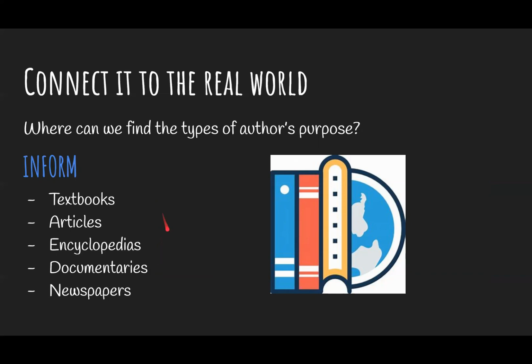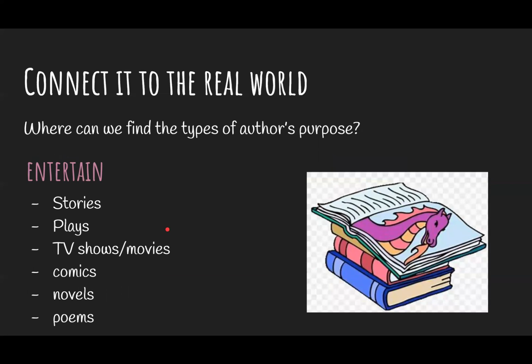All right. And last, entertain. So stories, plays, TV shows and movies, comics, novels, and poems. Okay, all of these are great examples of entertain. Stories like Cinderella, Little Red Riding Hood, they have characters, they're fictional, right? Plays, so think about things like Romeo and Juliet, where they're acting out something for the audience's entertainment.